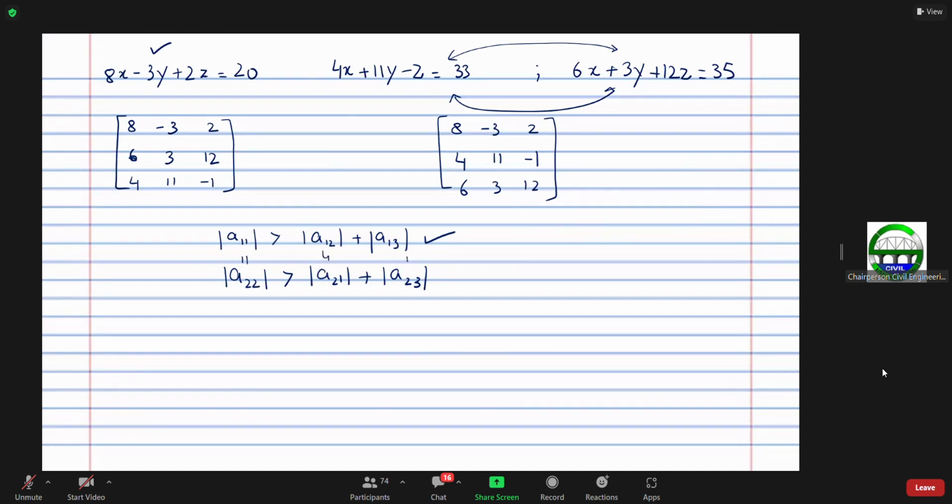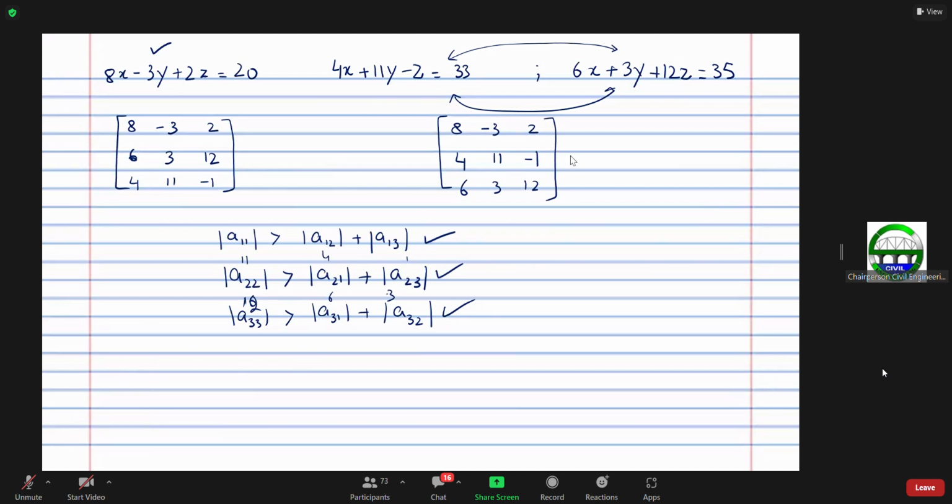This is 5, so this also holds. And then finally, A33 should be equal or greater than A31 plus A32, right? A33 is 12, and 12 is greater than 6 plus 3. So now all three conditions are satisfied, so I can start moving with Jacobi's method.